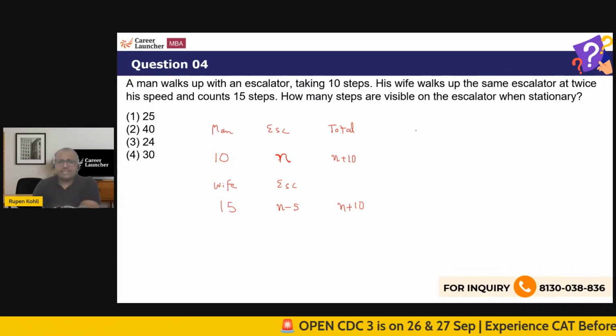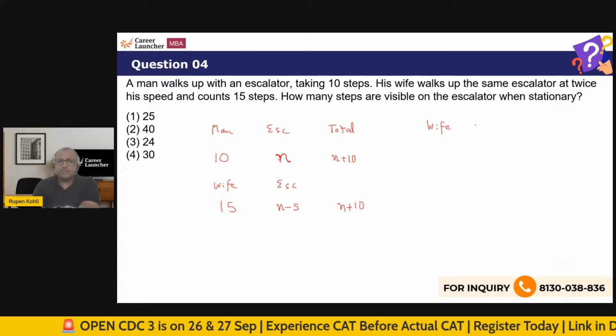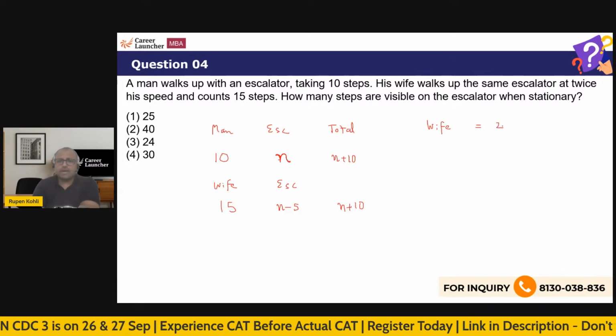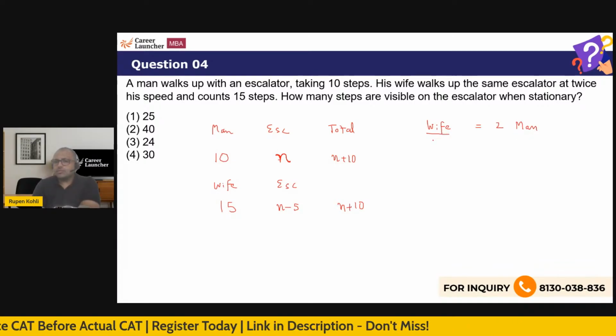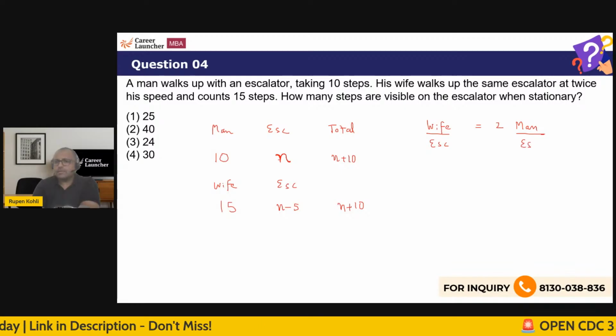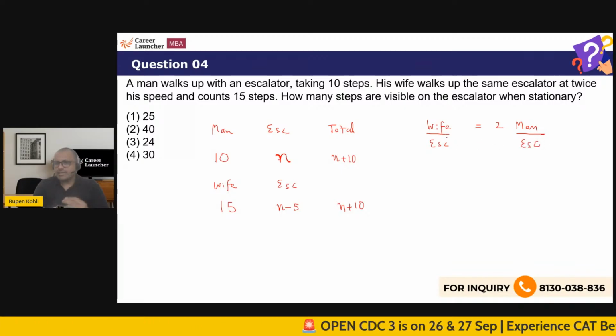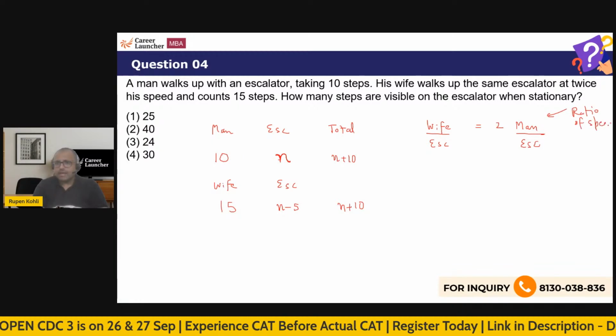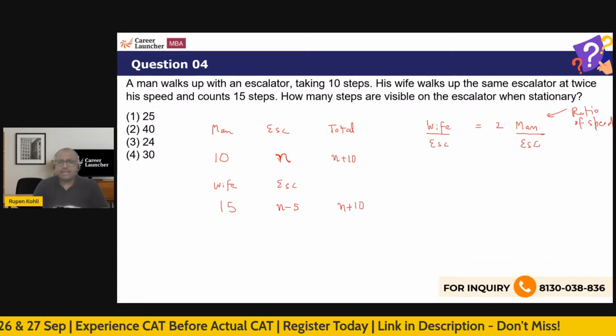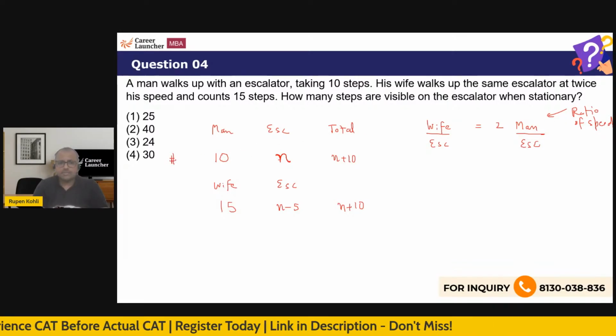So I can say that the wife's speed is twice the man's speed. So the ratio of the wife's speed to the escalator's is twice the ratio of the man's speed to the escalator's, the denominator being the common one. This is an equation which interrelates the ratio of the speeds, and these are the distances covered, 10 and n, the number of steps covered.